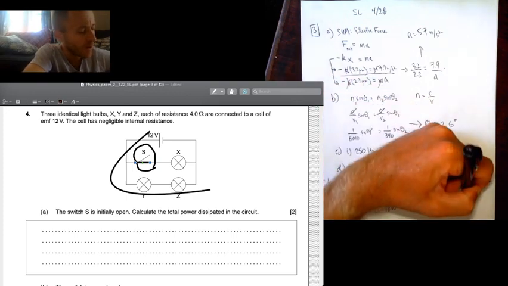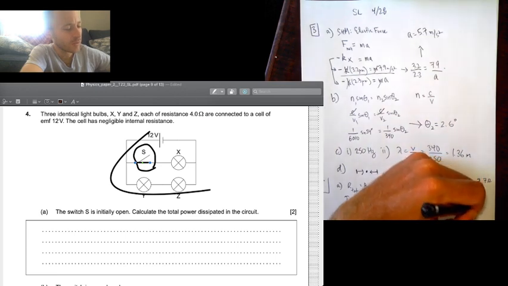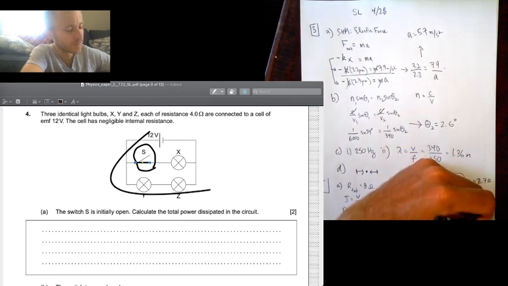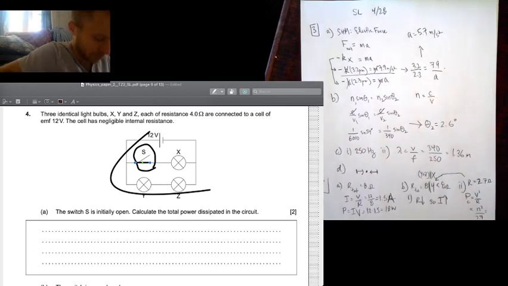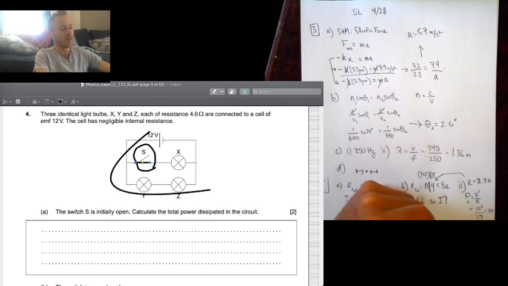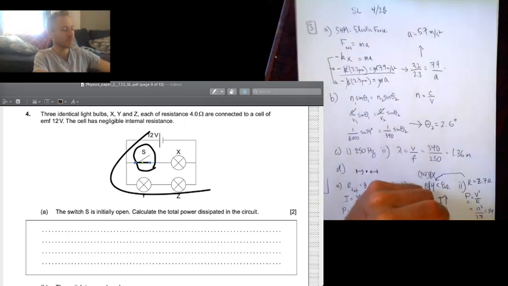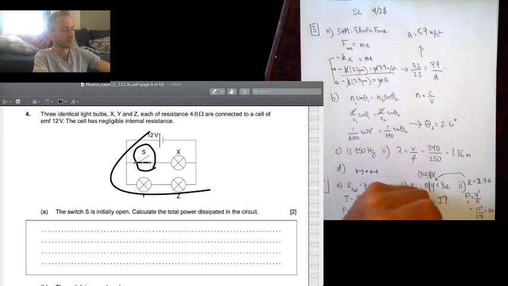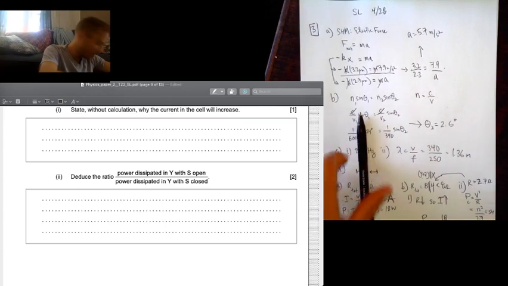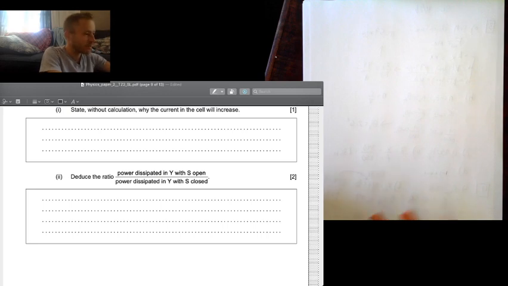So that means that my power when the switch is closed is going to be V squared over R. It'll be 12 squared over 2.7 equals 54 watts. So the power when the switch is open to the power when the switch is closed is 18 over 54.